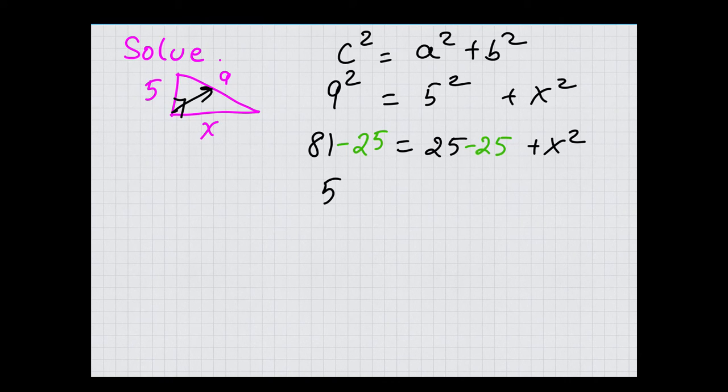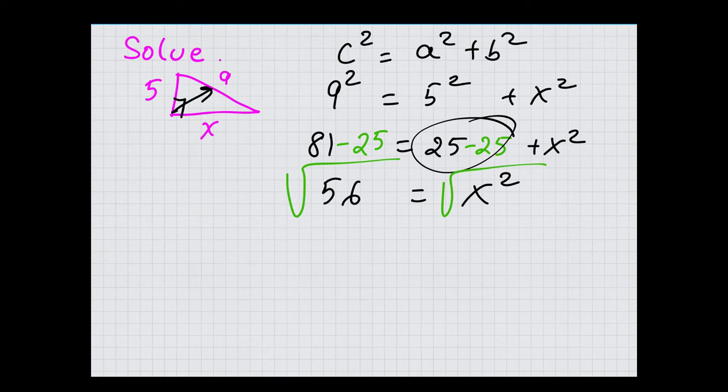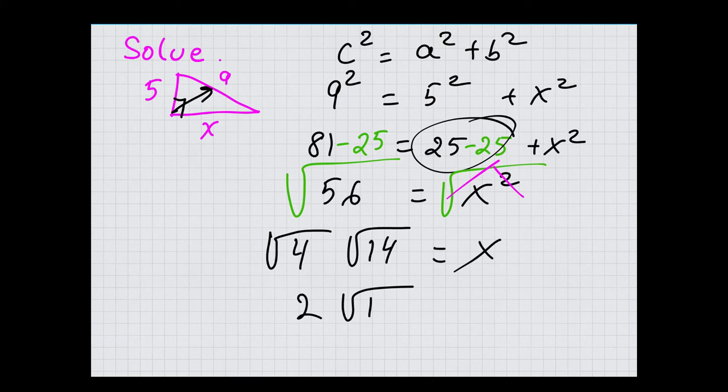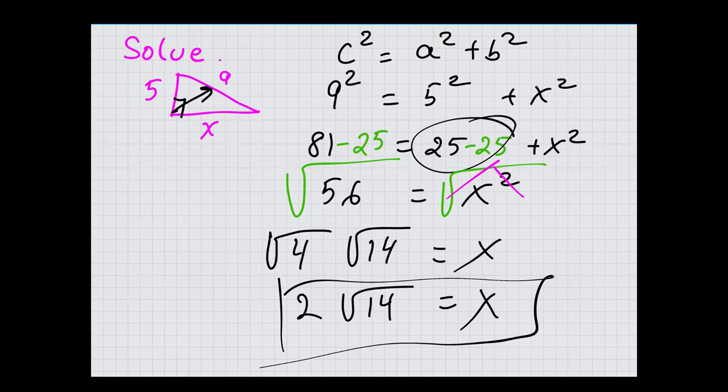So we have 56 equals, that's a 0, x to the second. Second power and square root will cancel. 56 can be rewritten as 4 times 14 equals x. Square root of 4 is 2, so x is 2 radical 14, and this is our solution.